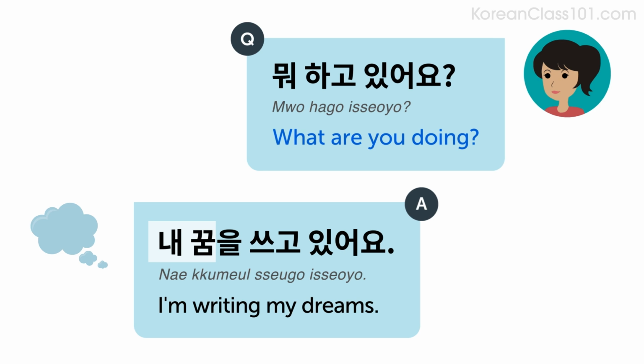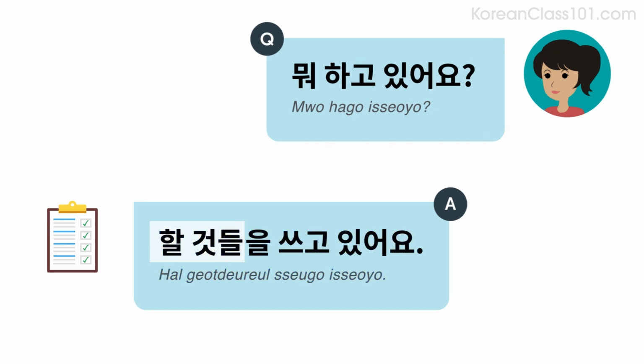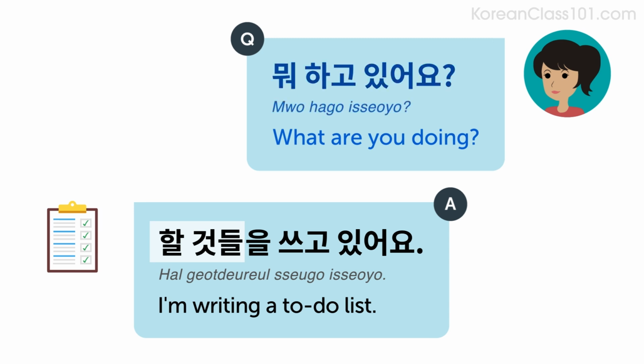What are you doing? I'm writing my dreams. 뭐 하고 있어요? 할 것들을 쓰고 있어요. What are you doing? I'm writing a to-do list.